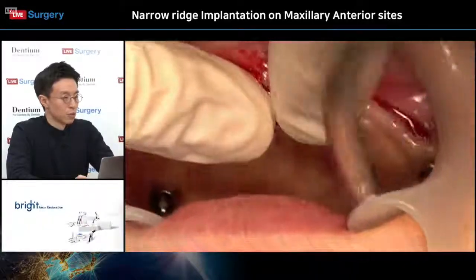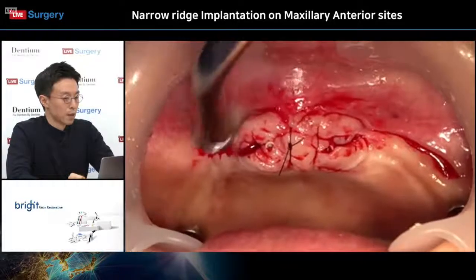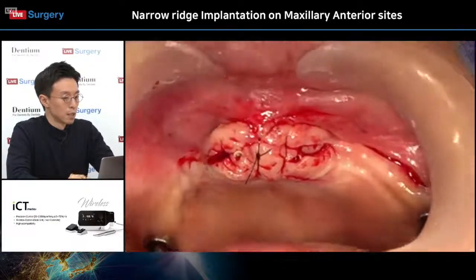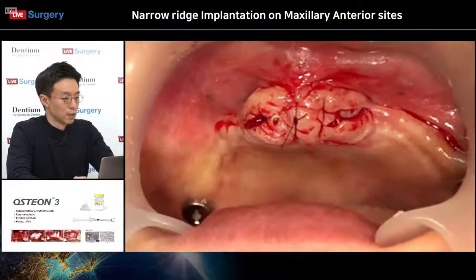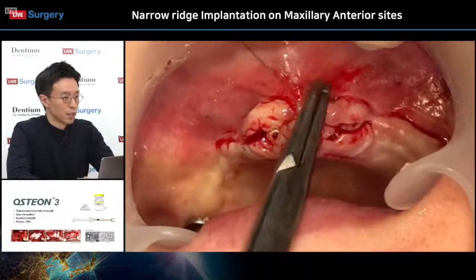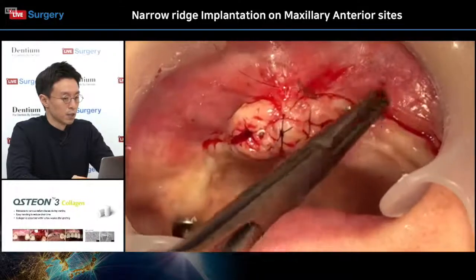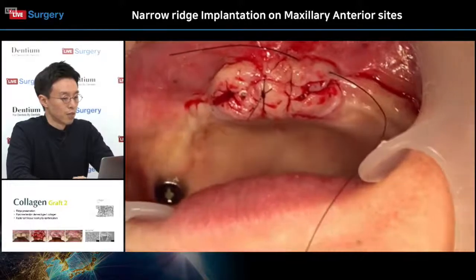A healing abutment or the scan comfort cap will be connected to the fixtures if the fixtures are stable. Connecting a healing abutment or scan comfort cap can reduce the effort to do the soft tissue coverage.